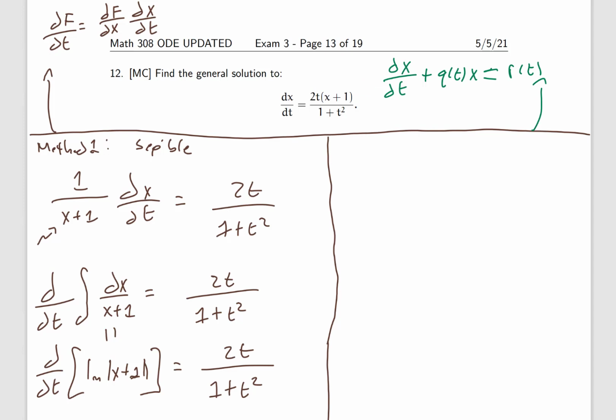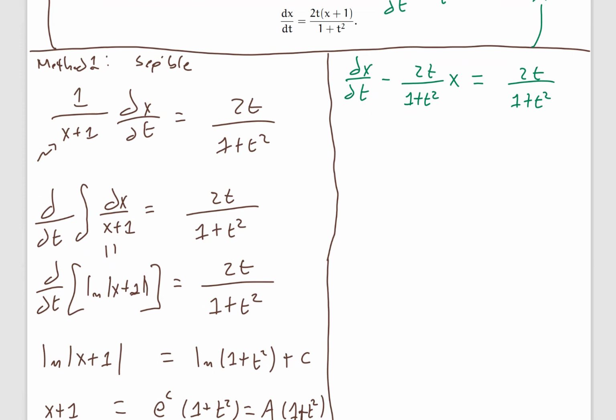Okay, so anyways, I can rewrite this equation as dx dt minus 2t over 1 plus t squared x is equal to 2t over 1 plus t squared. Okay, so this is a first order linear differential equation. That means this is a great integrating factors problem.